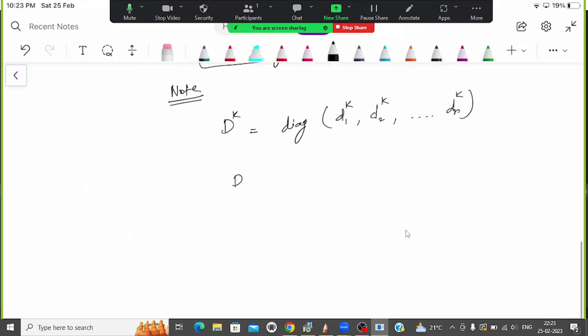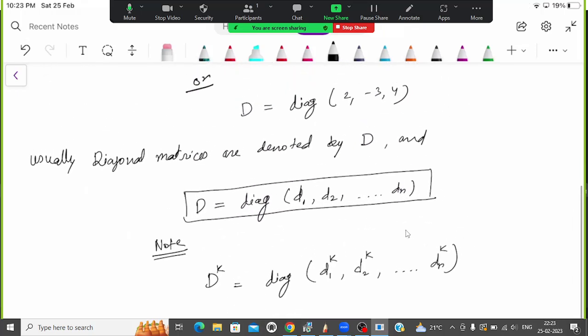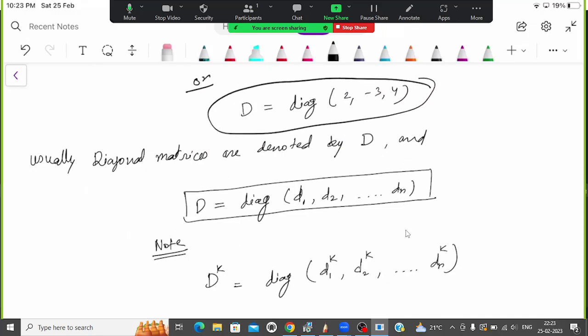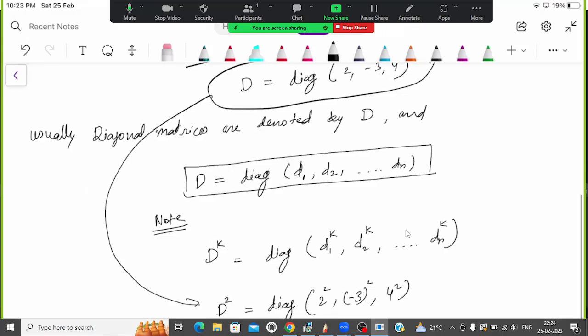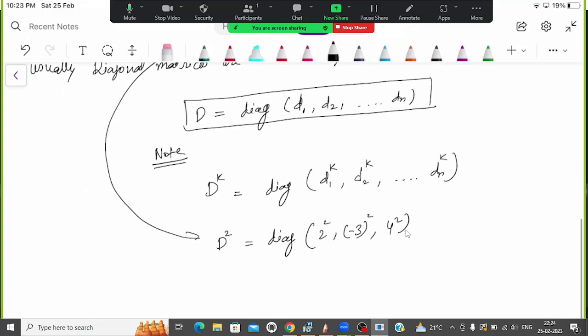Suppose you write D squared, meaning all diagonal elements get the square power: 2 squared, minus 3 whole squared, 4 squared. So you'll get 4, 9, 16 as the diagonal elements. Clear?